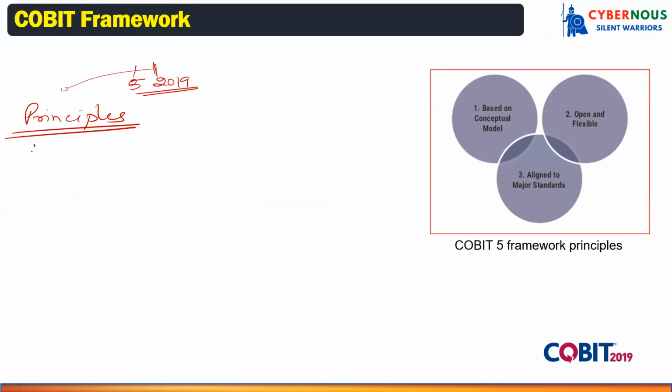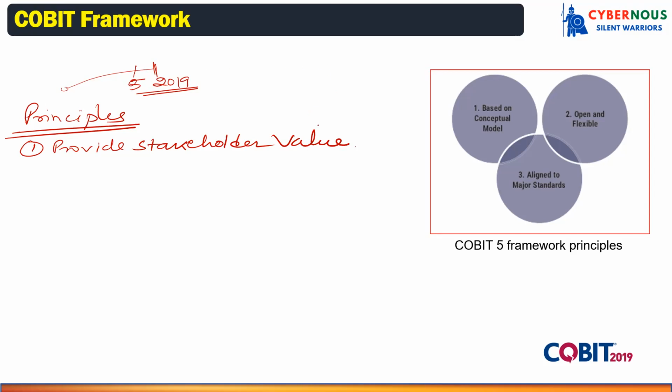The first one is provide stakeholder value. That means you need to implement all those controls with the objective that you are going to provide value to your stakeholders.